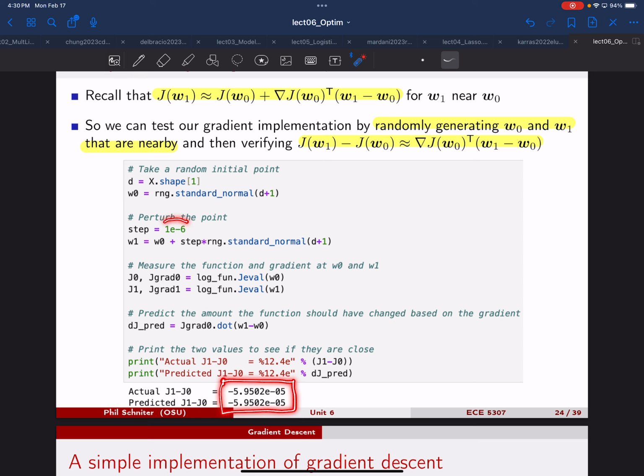And that is because our step was small enough. If you make your step too large, they're not going to agree as exactly. You don't want to make your step absolutely tiny, because you could get into some numerical arithmetic issues. So for floating point precision, this is a pretty good step size. It's pretty clear that those two quantities really do agree, and that's what's important.